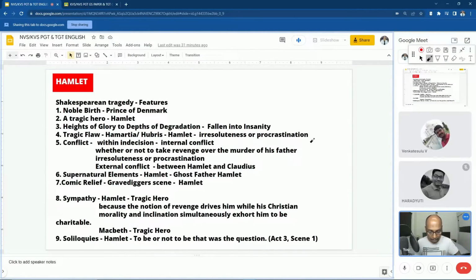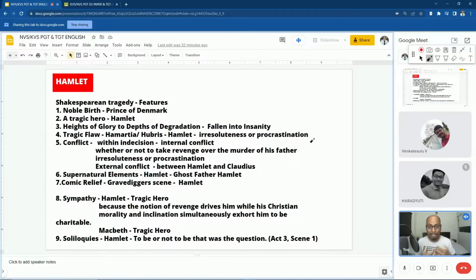Hamlet was not able to take action at that moment or immediately. When he came to know that his father was killed by Claudius, he did not take revenge immediately. He is procrastinating the revenge drama. The reason is he was in confusion whether to believe the father's ghost or not.